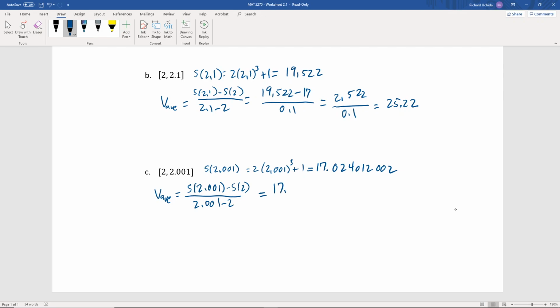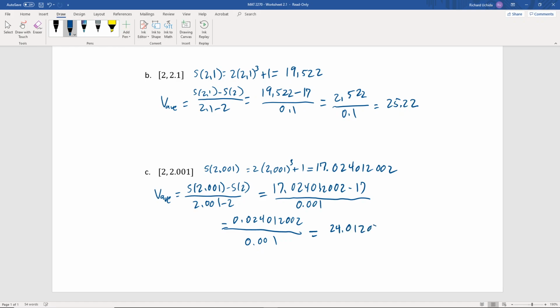So that would be 17.0240120002 minus 17, all over 0.001. So you get 0.0240120002 all over 0.001. And what you would get from that is 24.012002.